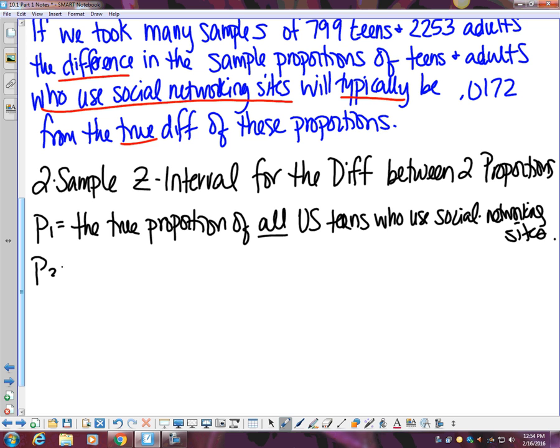So P sub 2 is the true proportion of all U.S. adults who use social networking sites. Okay, so I've done the first two things that we could potentially forget. So we have defined what it is that we're doing, and we have defined our parameters.